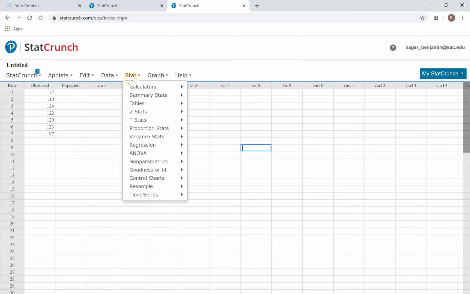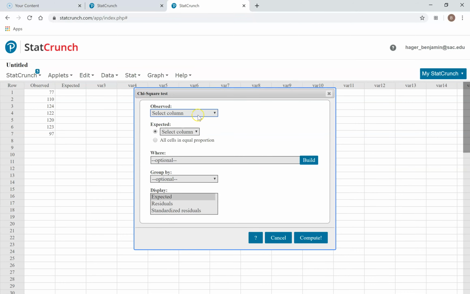So if you recall, I go to Stat. This is a goodness of fit test using the chi-squared distribution. My observed values come out of the column that I labeled as observed. The expected values come out of, well, if you put them into the expected value column, then that's what I would tell it. I would say, look in that expected value. It doesn't offer it because there's no data in there.